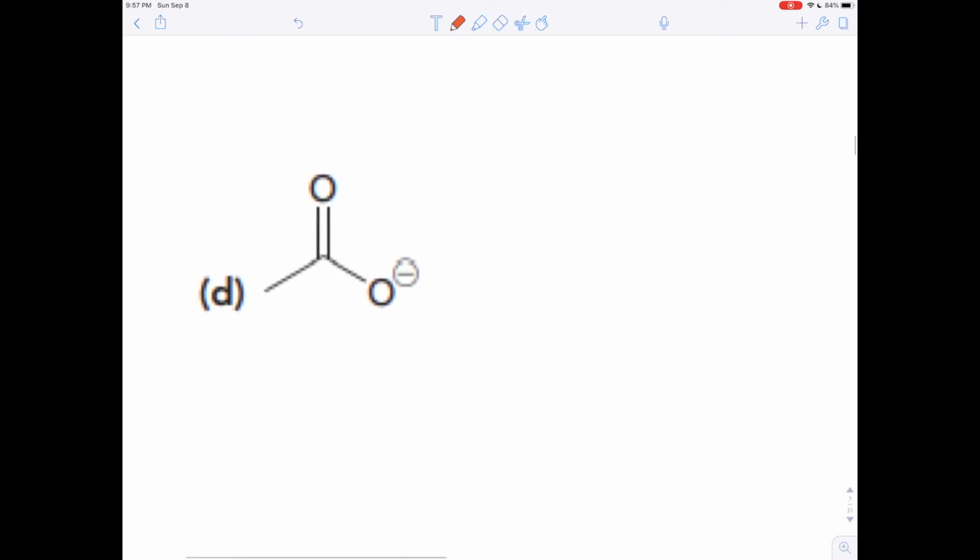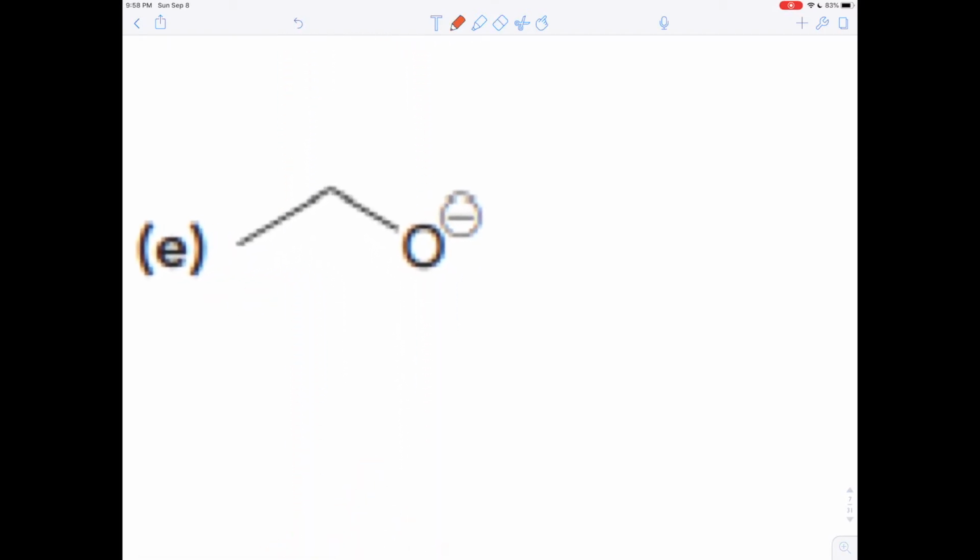For D, this first oxygen has 2, 4 electrons around it, so you add 6, 8, 2 lone pairs. This oxygen here has 2 electrons around it, so you add 4, 6, 8. That has 3 lone pairs around it.